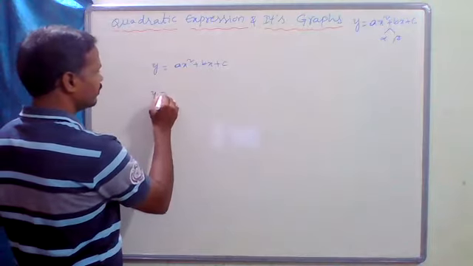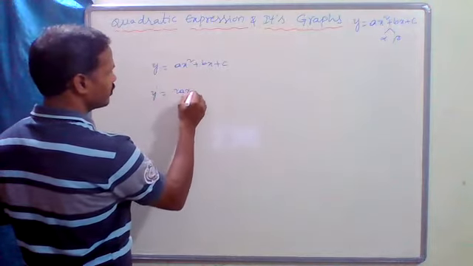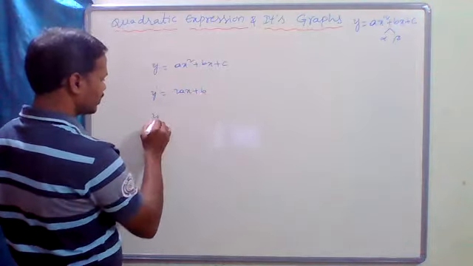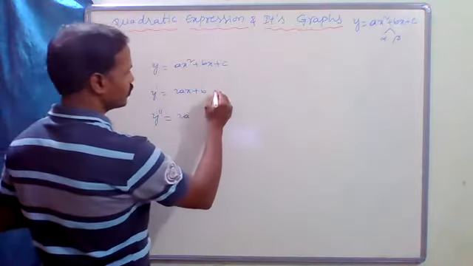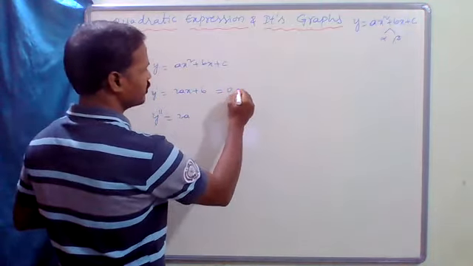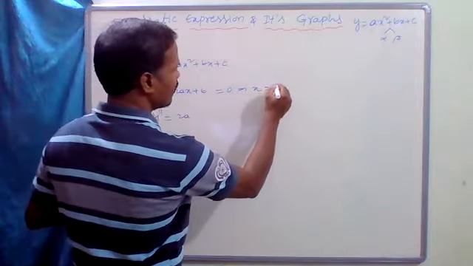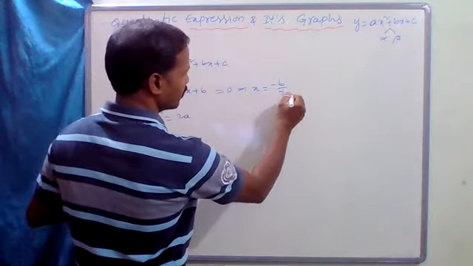The first derivative y dash is 2ax plus b, and the second derivative is 2a. First derivative 0 means x equals minus b by 2a.